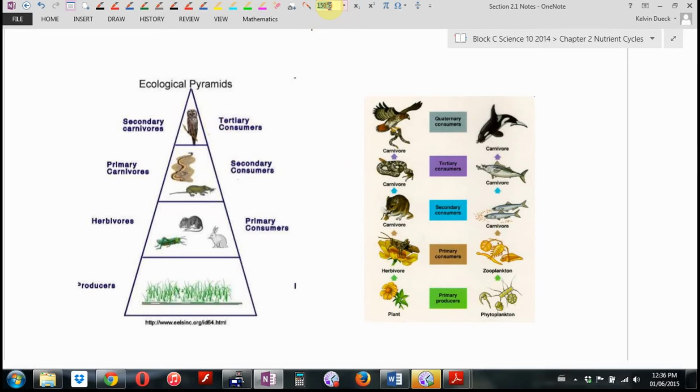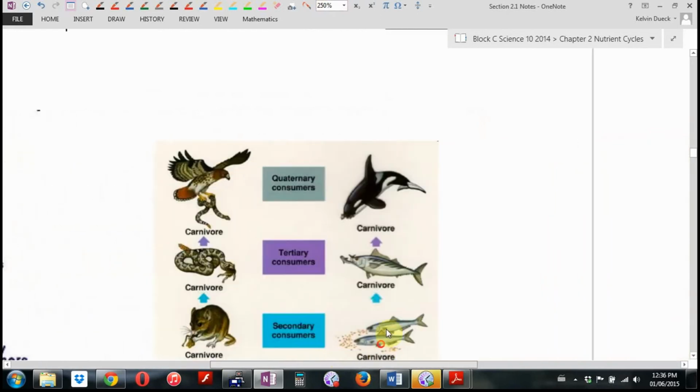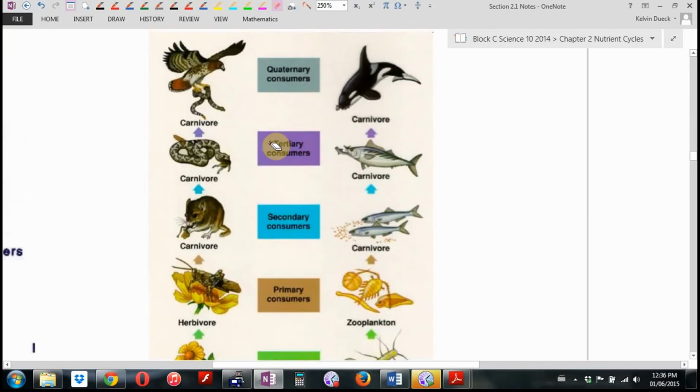Or you can look at this one here. If we start at the very bottom, we have both a land and an ocean one. Primary producers, we have plants or phytoplankton. Primary consumers, we have krill, fancy word zooplankton, or an herbivore, grasshopper. Secondary consumer, carnivore, fish eat the krill, mice eat grasshoppers.